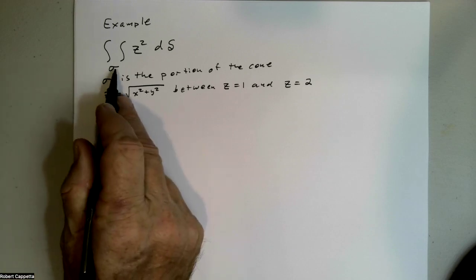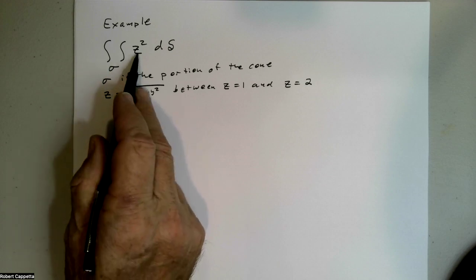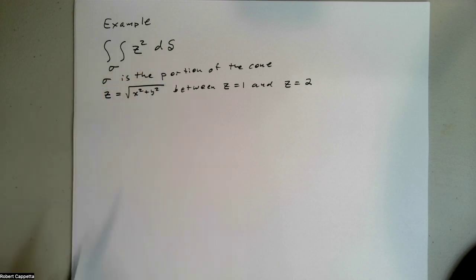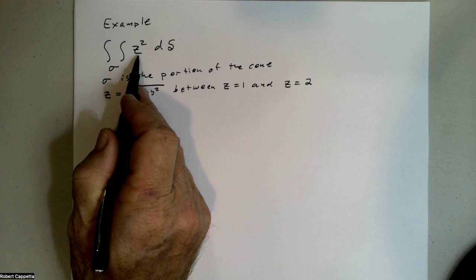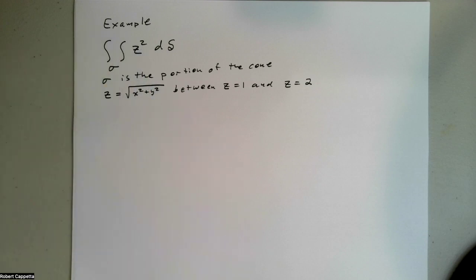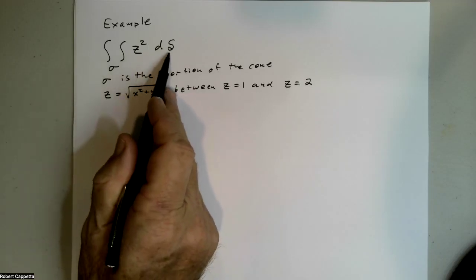So this is the double integral over sigma of z squared dS. Now, what does that mean? Z squared is the density function. So as z grows, the density increases. And dS tells me we're integrating over a surface.